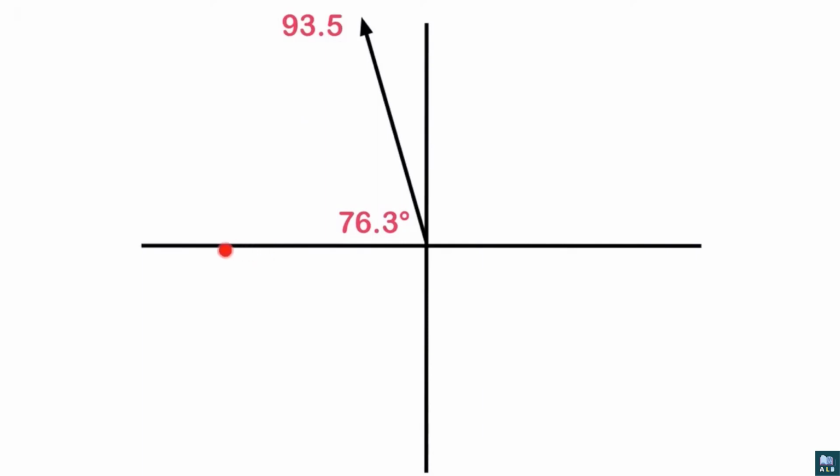I've got to take 180 degrees and subtract 76.3 degrees from it. So 180 minus 76.3 gives me 103.7 degrees. So taking those three vectors and adding them together, I get an overall resultant of 93.5 at an angle of 103.7 degrees.